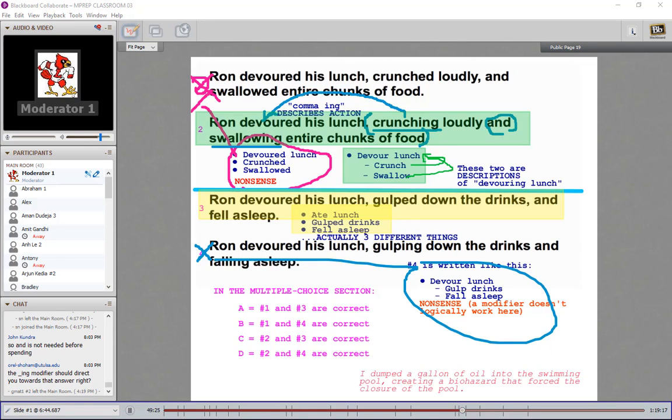You can also use comma ing to do this, where there's your action, there's your immediate, unavoidable consequence of it. It's not a delayed thing. This is immediately what resulted from that. That kind of cause-effect relationship, comma ing can do that.